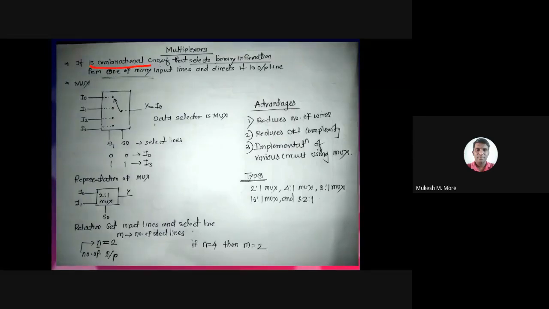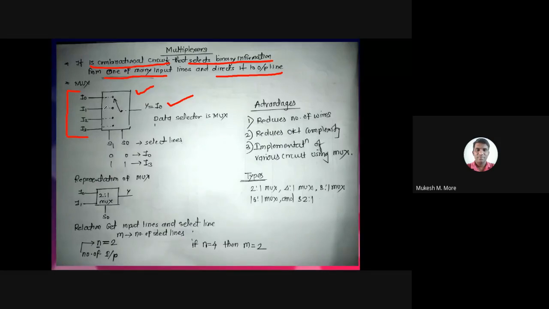A multiplexer is a combinational circuit that selects the binary information from one of many inputs and directs it to the output line. In a simple way, it is a combinational circuit which has many inputs, I0, I1, I2 and I3, and a single output.